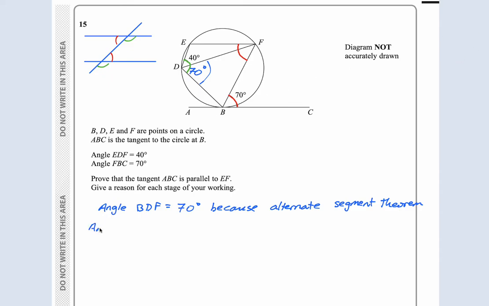Angle EFB plus angle EDB equals 180 as they are, this is obviously annoying to write all this, guys, but it's a proof.